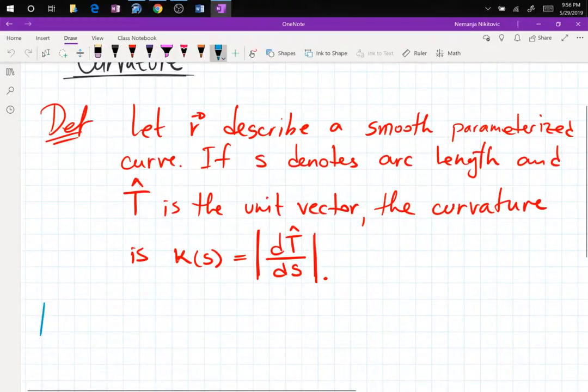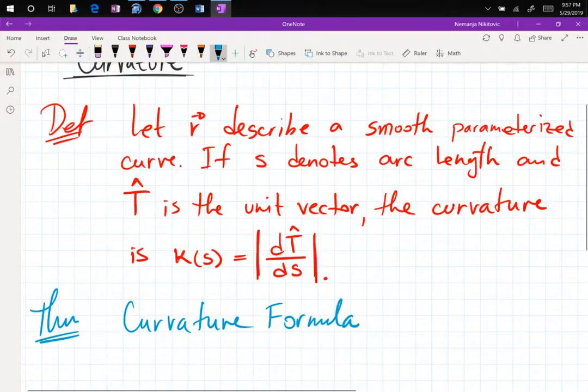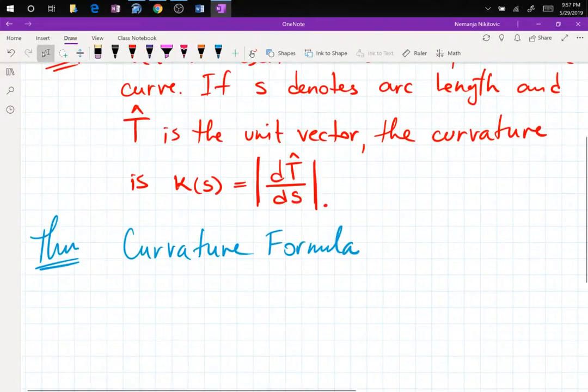For computation, we are using the theorem, which is the curvature formula. I'm going to give you the formula and then I will show you where it comes from. So curvature in terms of the parameter t, remember that we are integrating and differentiating, we're doing everything in terms of the parameter t.